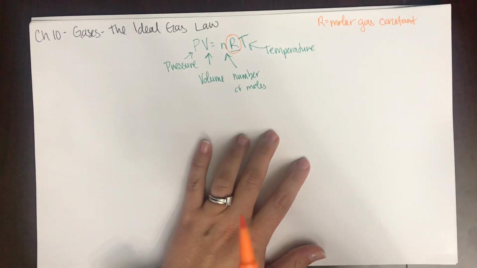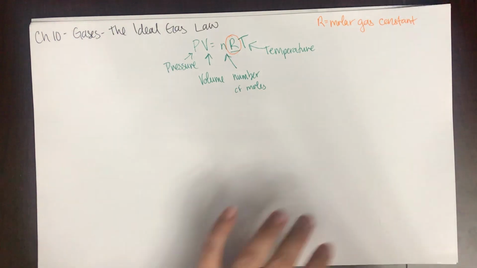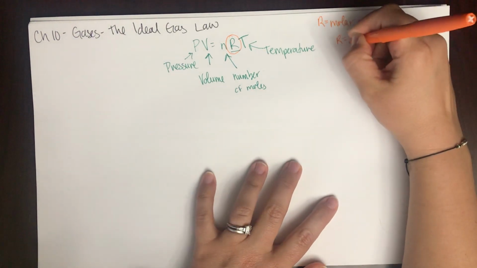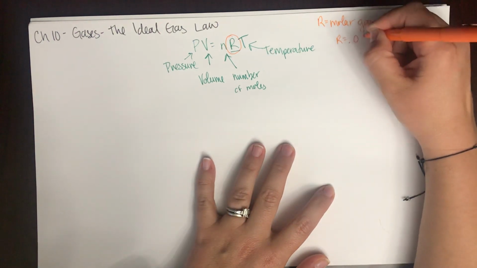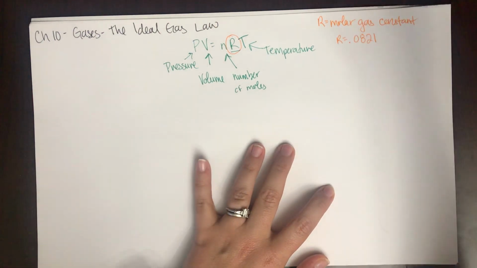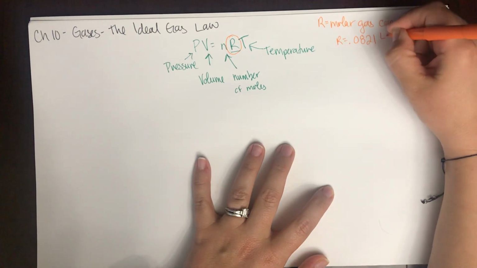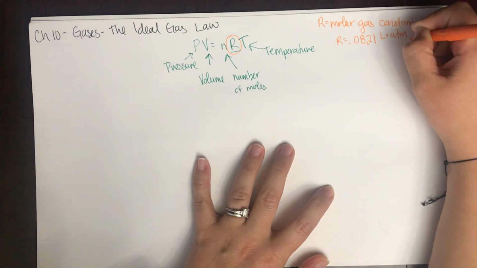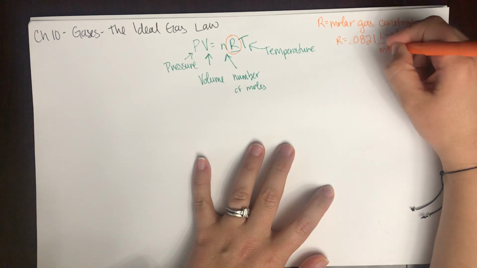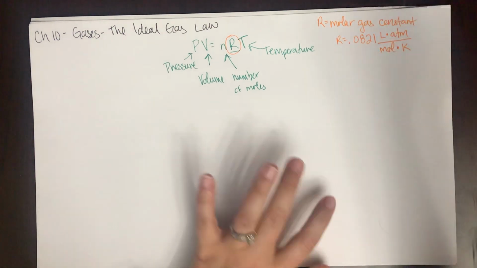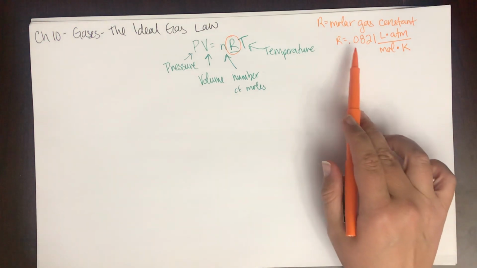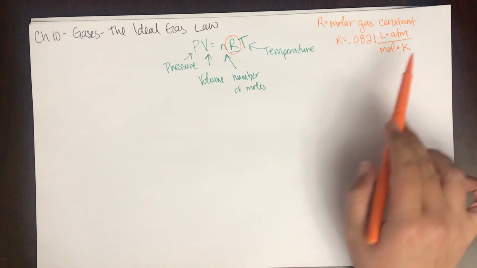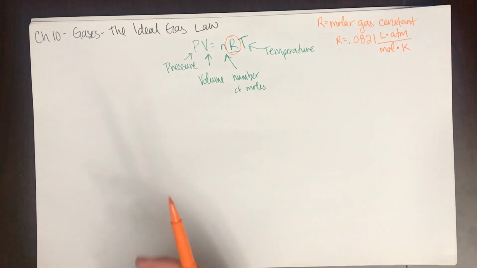So the molar gas constant R that we're going to use is 0.0821, and it has a unit of liters times atmospheres over moles times Kelvin. So there's four units in that ideal gas constant. It's 0.0821 liter atmospheres per mole Kelvin. That's R, the molar gas constant.